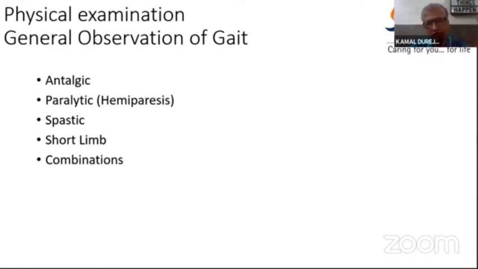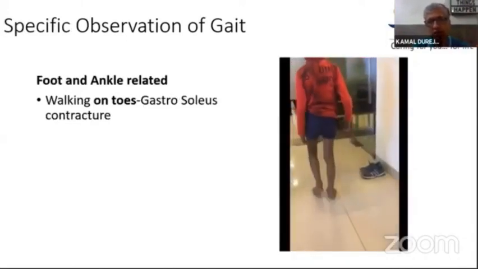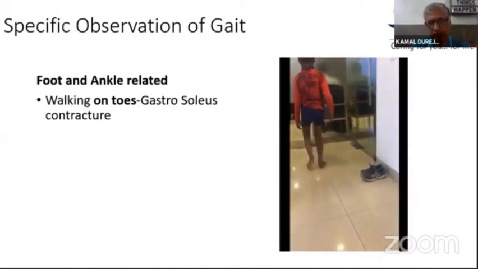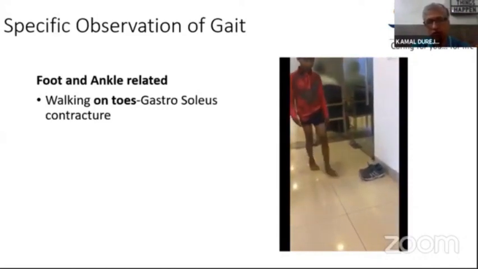You are well aware from the general orthopedic sense that a patient may have an antalgic gait, a hemiparetic gait, spastic or short limb, or a combination of various gaits. But as far as foot and ankle is concerned, I am observing the foot specifically. You see this guy who is walking on toes.